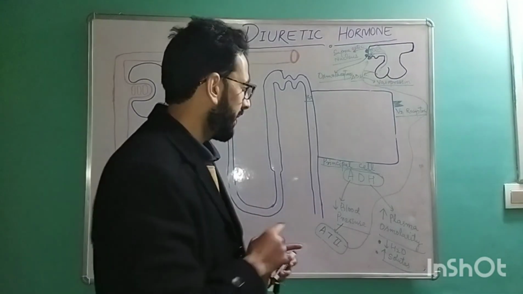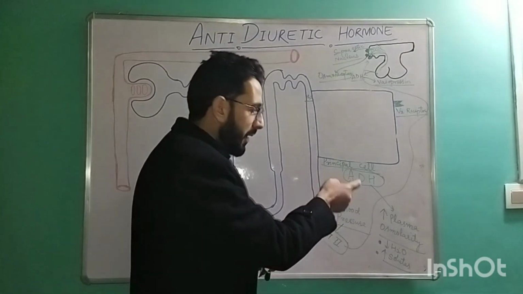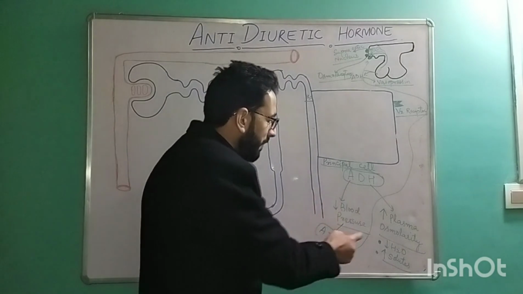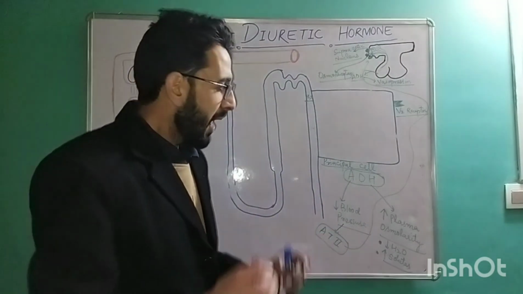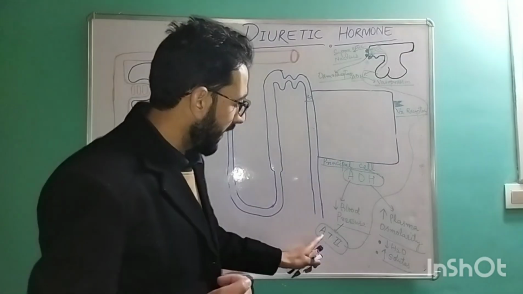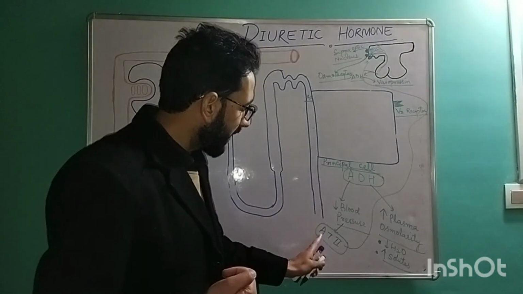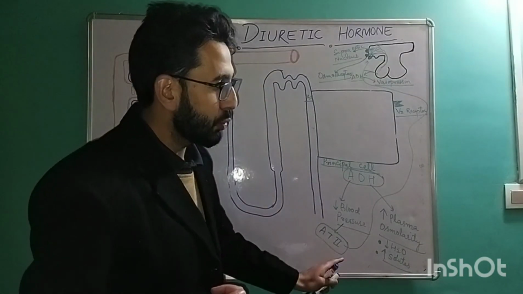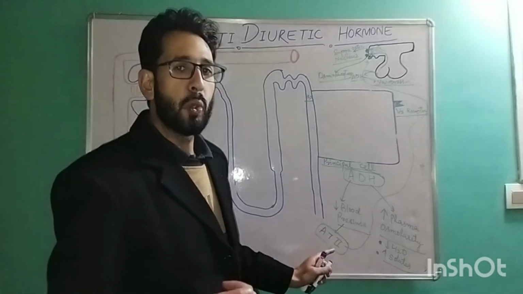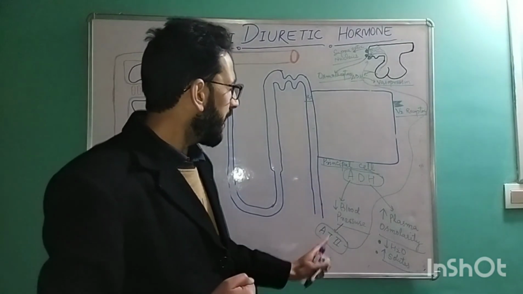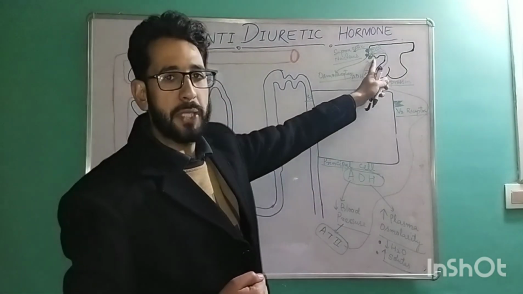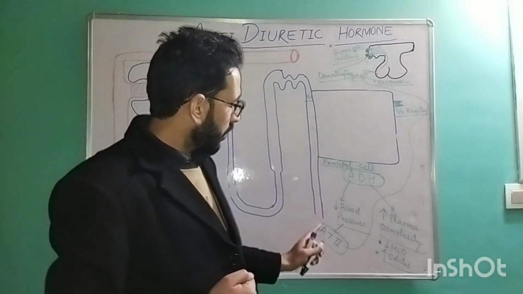The second thing is decreased blood pressure. There will be a mechanism in our body called the renin-angiotensin system, in which a hormone is formed called angiotensin 2, and this angiotensin 2 has its action on different parts of our body, one of them being the hypothalamus.